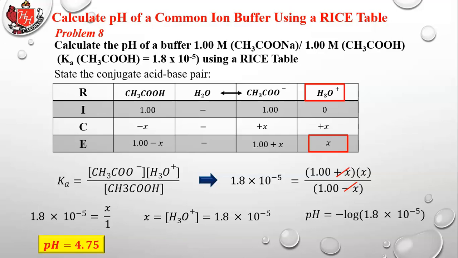If you want to use a buffer of equal concentrations of the acid and the base, then you want to pick an acid that has a pKa equal to the pH that you want to buffer at. So if you want to buffer at 4.75, you pick acetic acid and use equal concentrations, and that will give you a pH of 4.75.